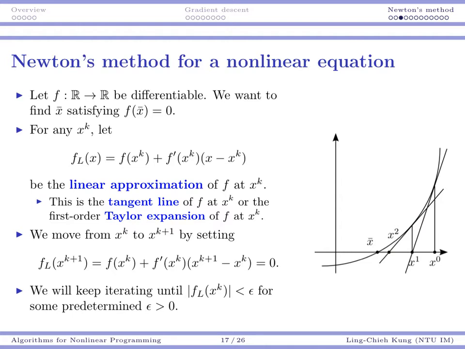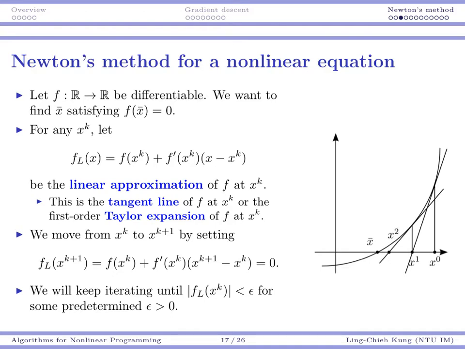It comes from the Taylor expansion of f at xk: f of x is f of xk plus f prime at xk times x minus xk. This is exactly the first order Taylor expansion of f at your current point xk. Now, following our idea, we set this equation to 0, and the point that makes it equal to 0 is our xk plus 1.